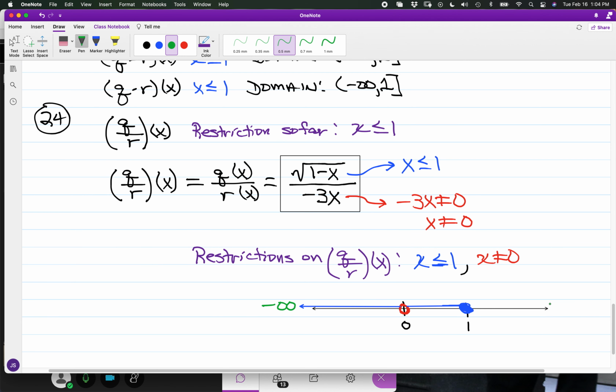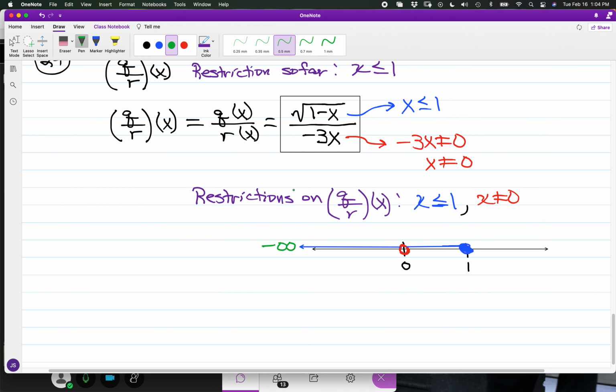For the domain, if I express it as an interval, reading in order from left to right, you go from negative infinity approaching but not including 0, so you have parentheses around negative infinity and 0.